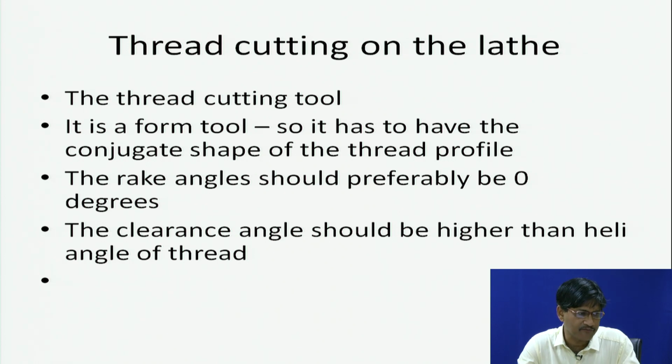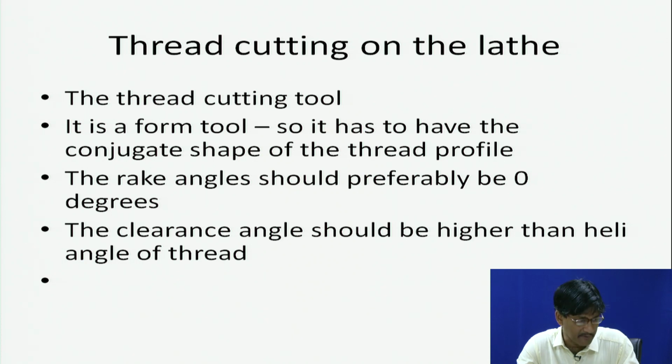Generally, when you are using form tools, the rake angle should be 0. That means the rake surface should be absolutely flat, so that during grinding you do not interfere with the particular geometry which is formed on the tool. So, rake angles would be 0, and also when you are cutting the helix, the thread will be essentially at a particular helix angle.